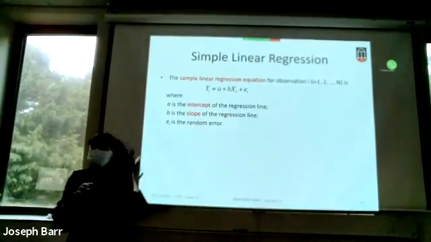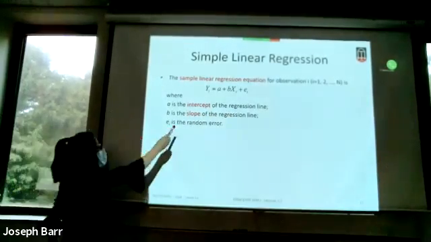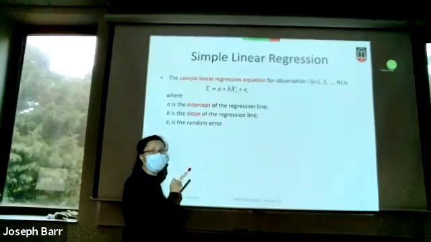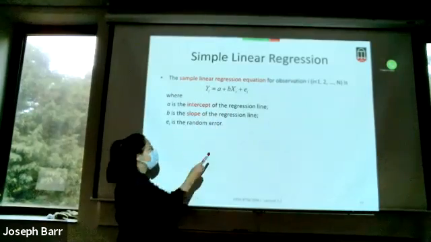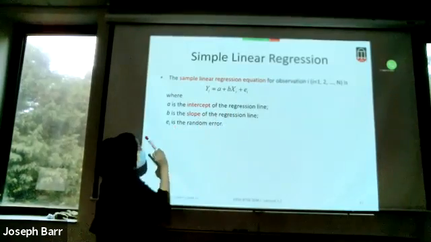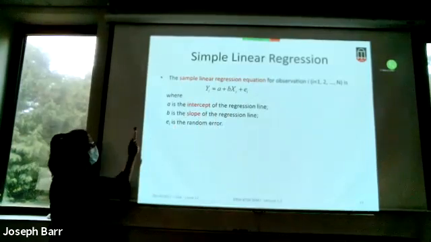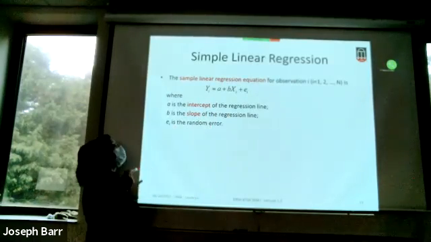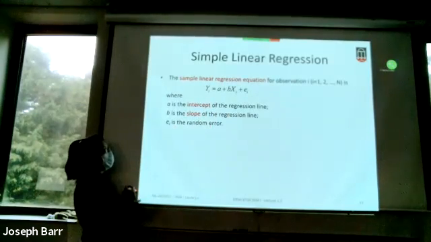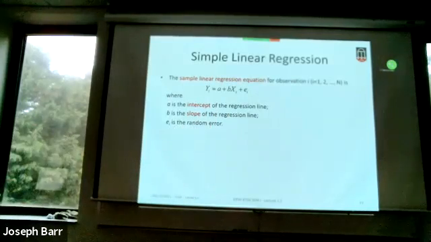Of course, we have some coefficients. We have the A coefficient, we have the B coefficient, and also we have some residual part, the random residual part. What is A? A is the intercept of the regression line. What is B? B is the slope of the regression line. And the E part is the random error or the residual.